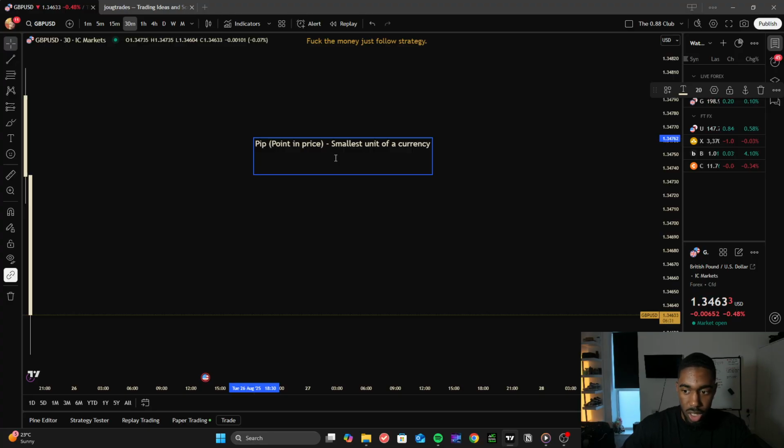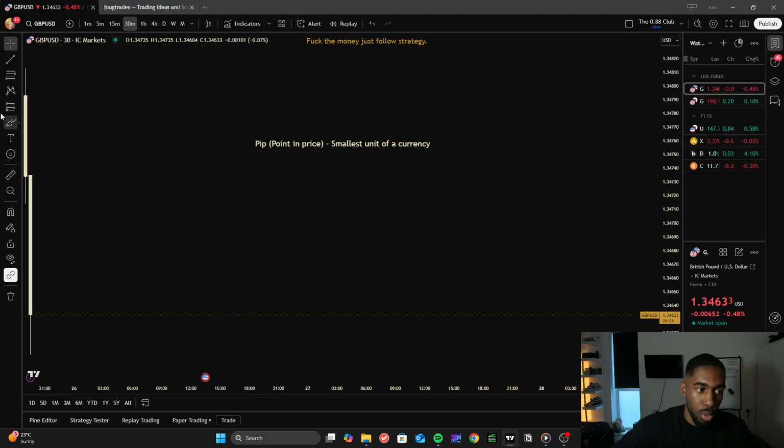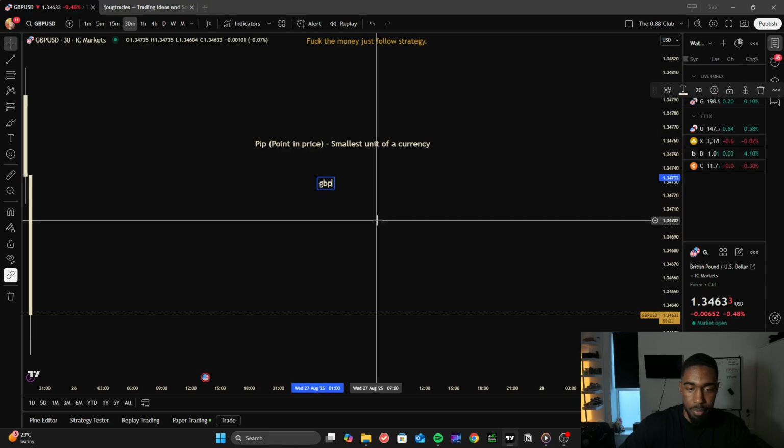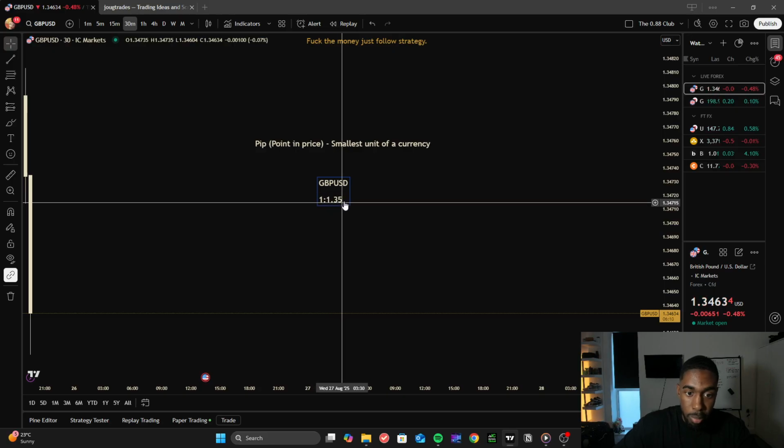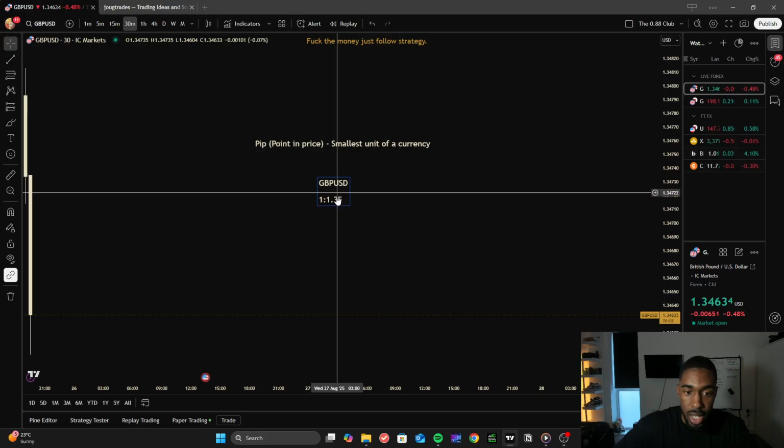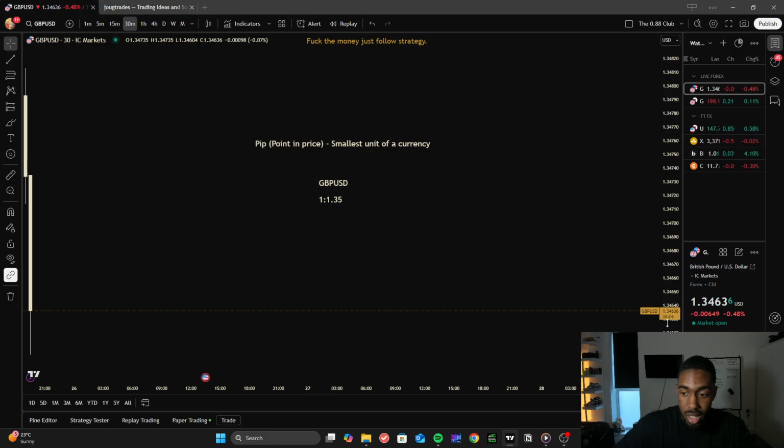So remember how in the last video we used the example of GBP USD, and we said that for every £1 it equates to $1.35, right? Or actually, this is a simplified Google basic version of the exchange rate. In reality, look at it.